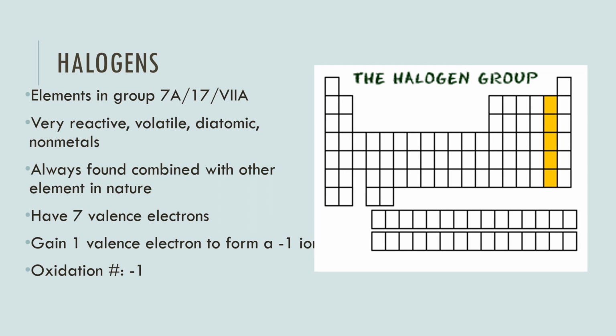Well, our halogens, because they already have 7 valence electrons, in order to complete their energy level, so if you count how many spots my halogens need to go from group 7 to group 8 over here to have a complete energy level, they only need 1 more spot to fill. And that's just 1 more electron. So by gaining 1 valence electron, they have 1 more electron than protons, and they'll end up with a -1 charge. Make sure you turn to the front of your periodic table, you highlight or color code group 7, and you label them as halogens.